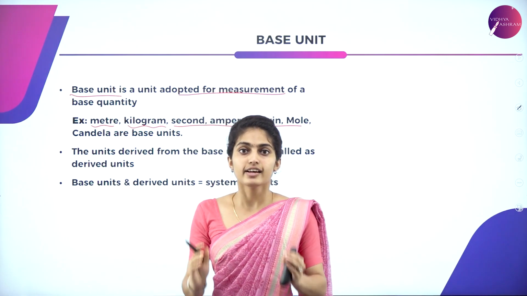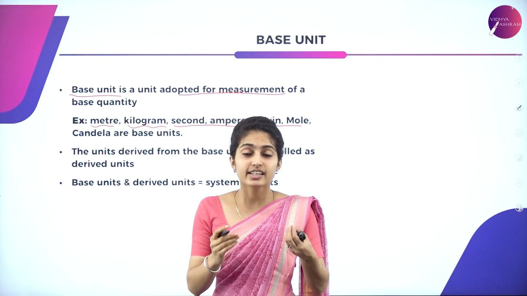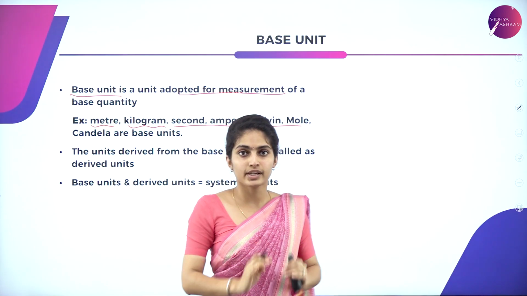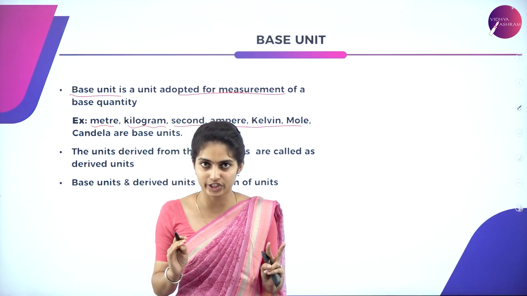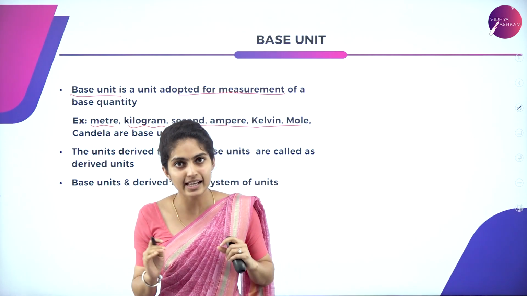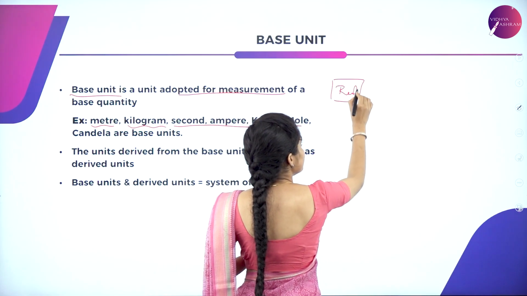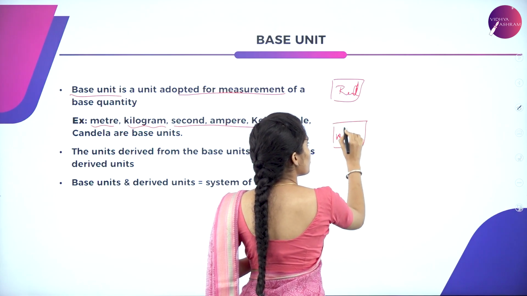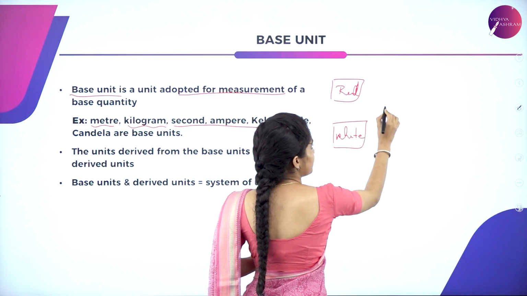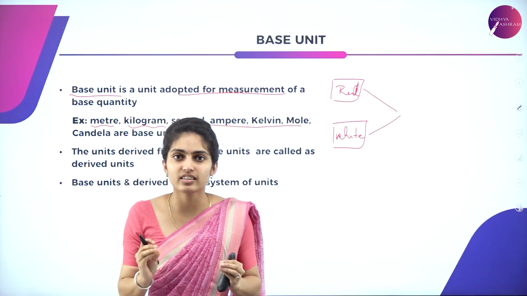It is clear. Now, what are derived units? Derived units, for example, if you have got only 2 colors to paint with, that is red as well as white. You have a bottle of red paint and a bottle of white paint, and you need a pink color.